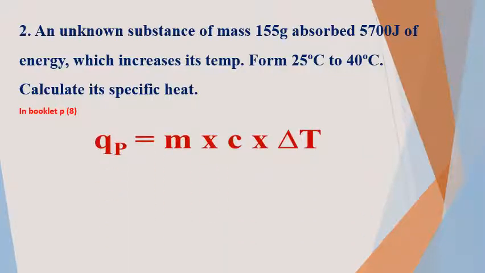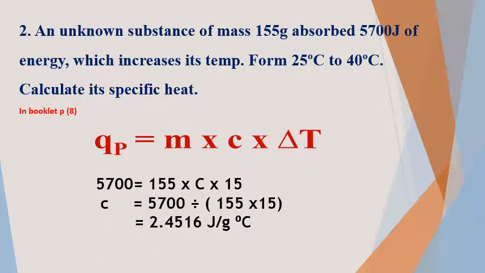Write your rule. QP equals mass multiplied by specific heat multiplied by delta T. To calculate the specific heat, it equals QP divided by mass multiplied by delta T. So specific heat equals the value of QP, quantity of heat, 5700 divided by, don't forget to put the brackets, 155, which is the mass of the substance, multiplied by 15, which is the difference in temperature, 40 minus 25.